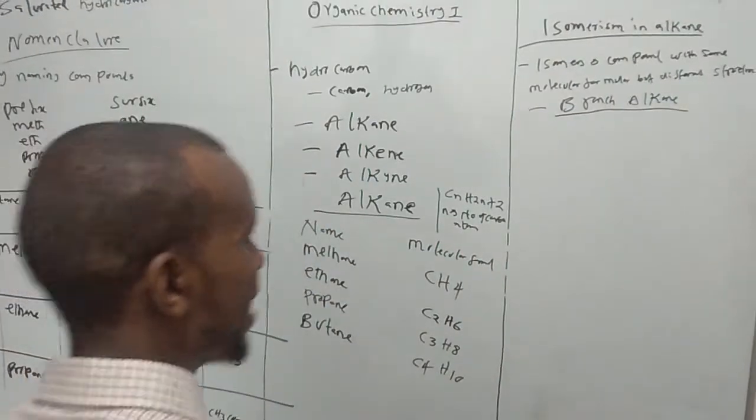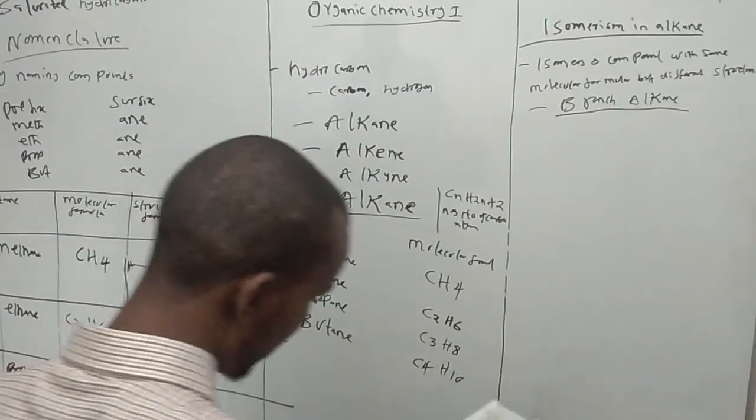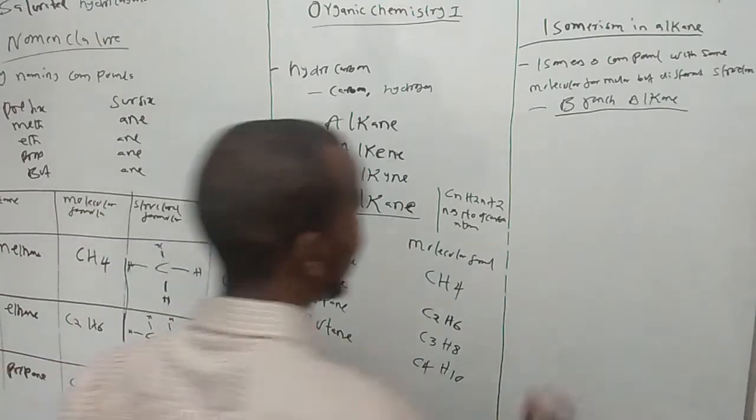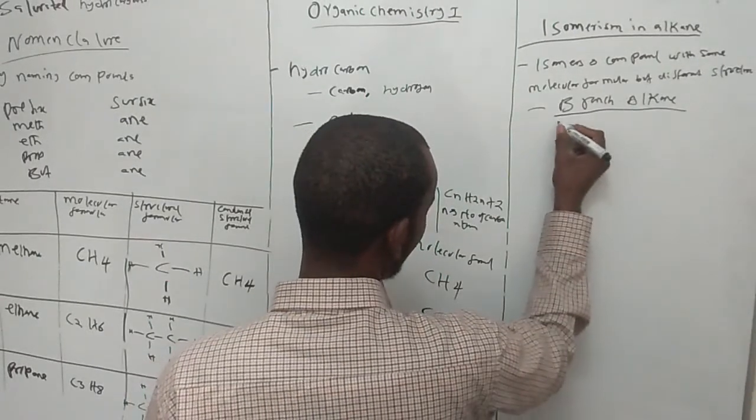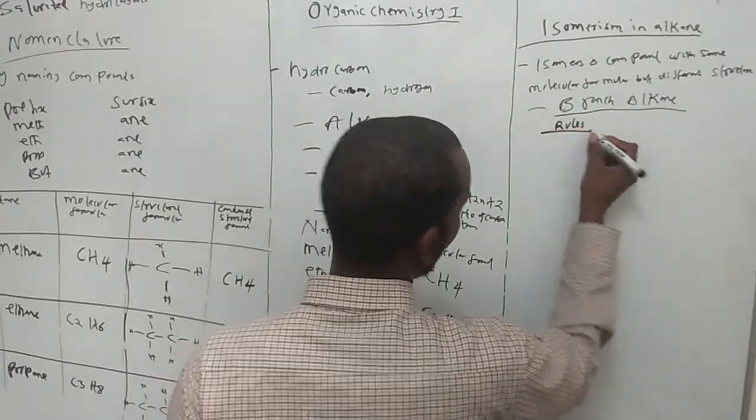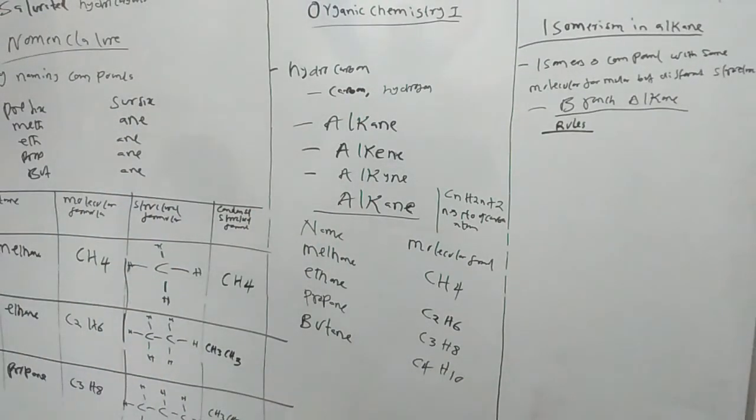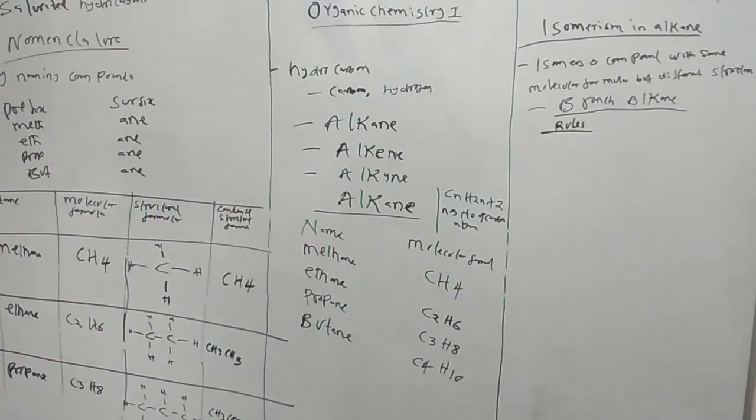Then normally there are some rules that we follow when naming the branched alkanes. When we want to name the branched alkane, there are some rules you have to follow. We can start with number 1.